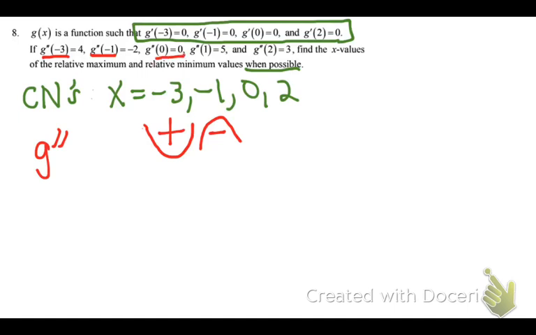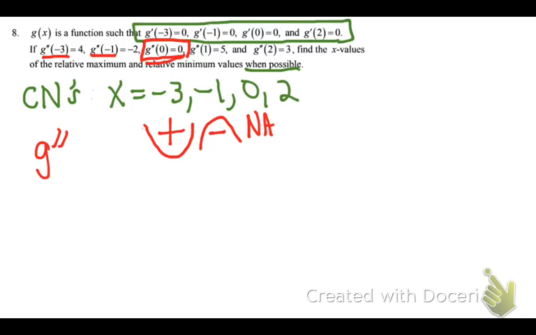Now at 0, my second derivative is 0. So this is an example of this test being inconclusive. It's not possible for us to determine with the information given if we have a max or a min at 0. So this one's kind of just that we don't know and we don't have enough information to determine that. So that one is like not possible, no answer with the information given.